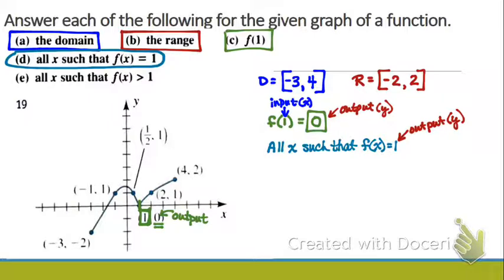So looking on my graph, I'm going to go to 1 on the y-axis. That's right here. And I want to look anywhere along that x-axis where I'm at that height. Do you guys see anywhere where I'm at that height? -1. Anywhere else? 1/2. Anywhere else? 2. It crosses there in 3 places, so those 3 inputs give me the output that I'm looking for there.